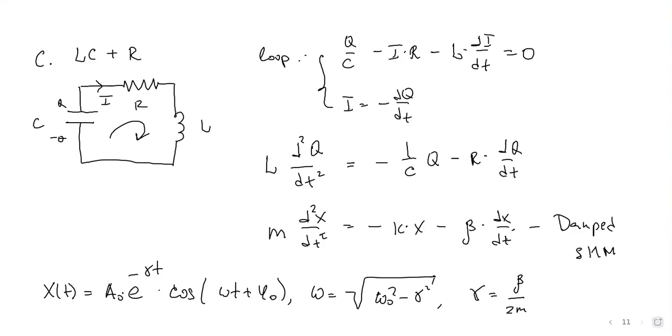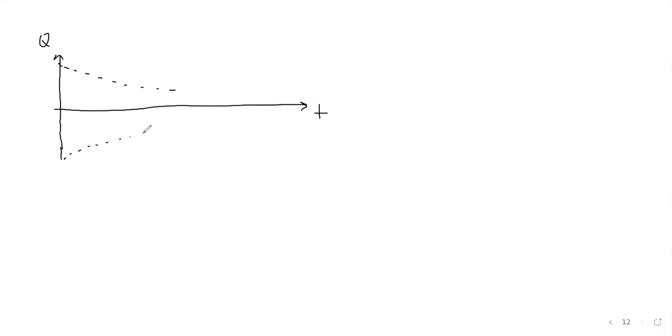So then we can interpolate this to the LC plus resistance circuit. We can say that my charge as a function of time, when it oscillates, Q, starting from initial value, will gradually decrease because part of the energy will go to resistance and disappear into heat.